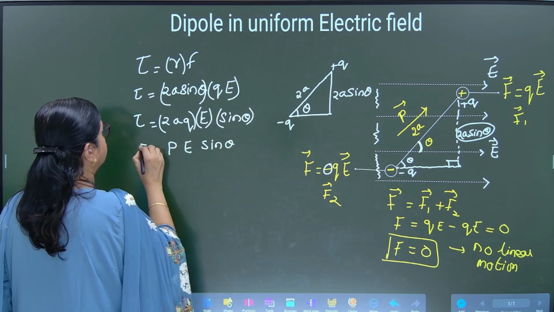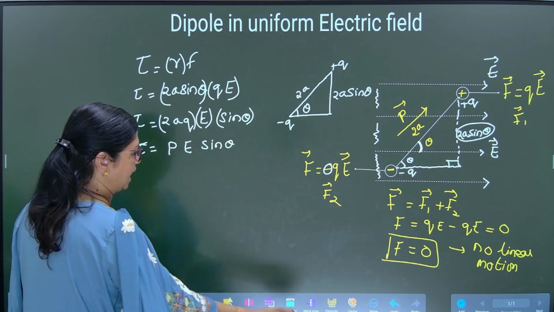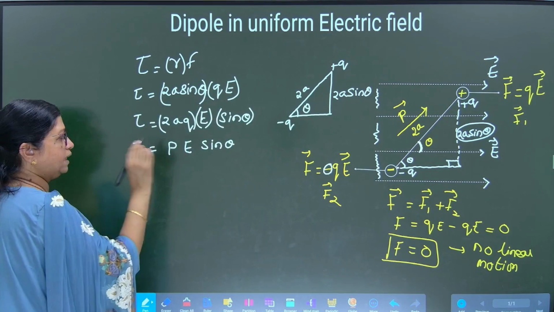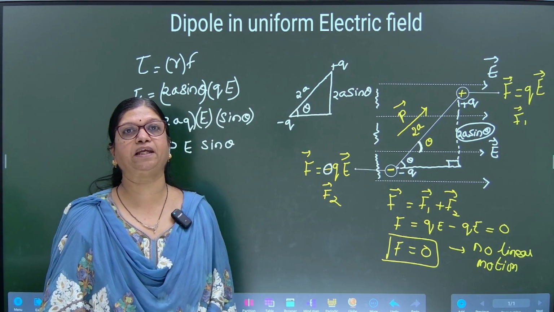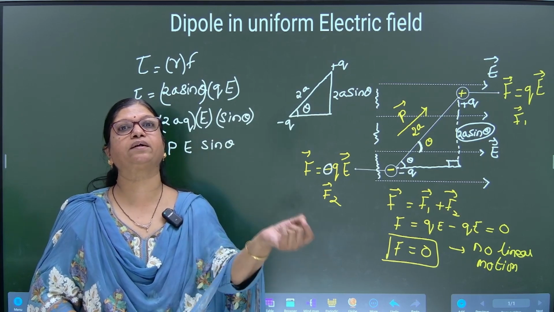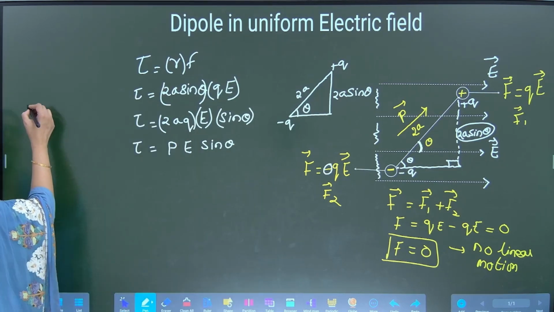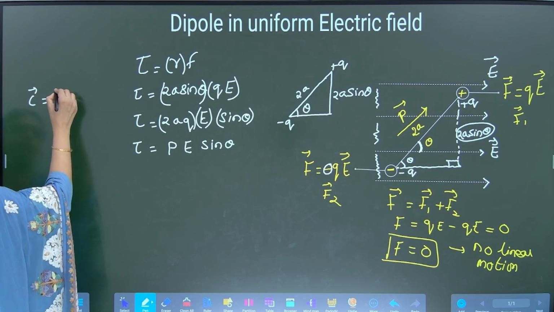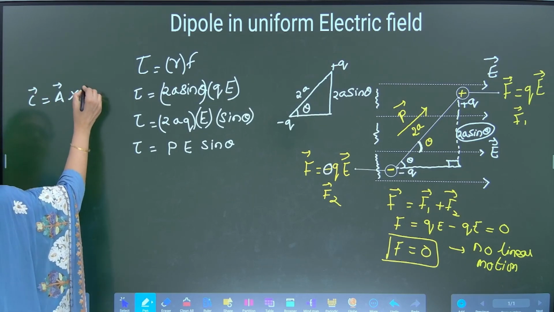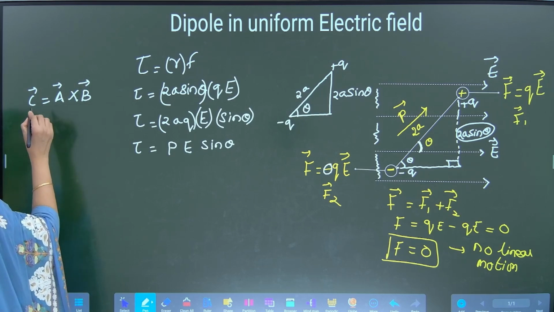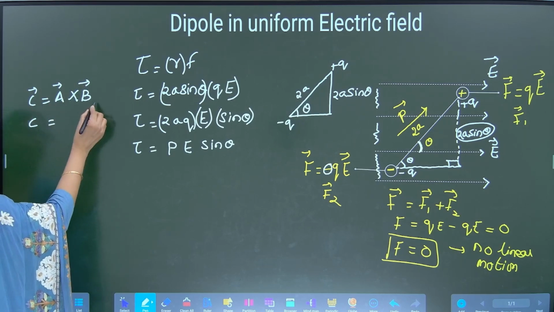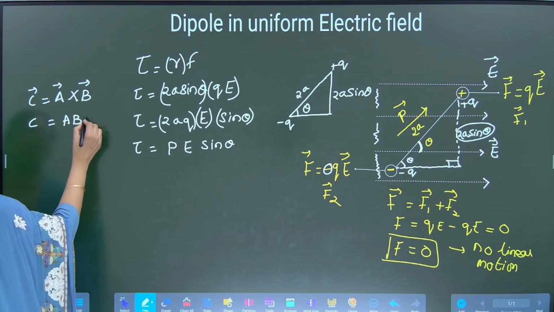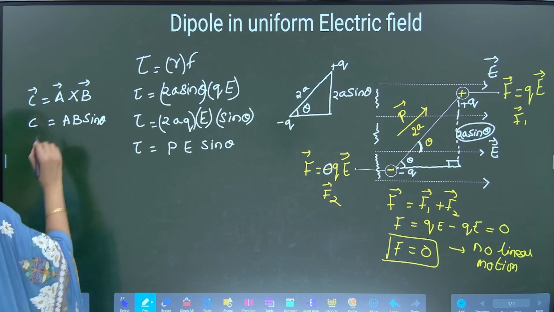Now again, as per the knowledge which we have learnt last year, if we have a sine function in the multiplication, it is a cross product. So as learned last year, from the vector multiplication of two vectors, C is the third vector of the multiplication of these two vectors. If I write the scalar part of it, this is what we get.